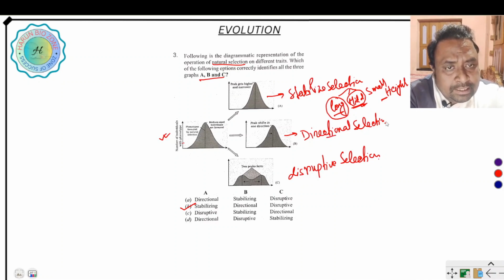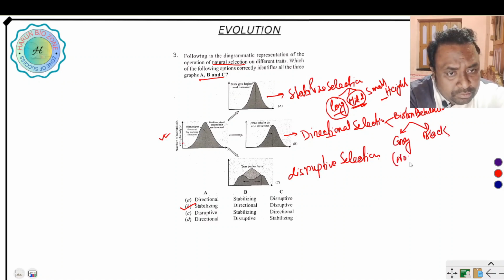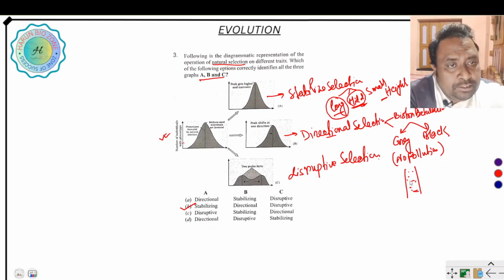Directional selection: there are two types of moth, Biston betularia, gray and black. When there is no pollution in the environment, lichen grows on the tree trunk and it is gray in color. When gray moths sit on this gray trunk, birds do not find them, so they survive.